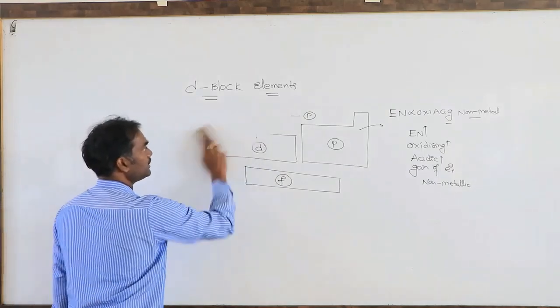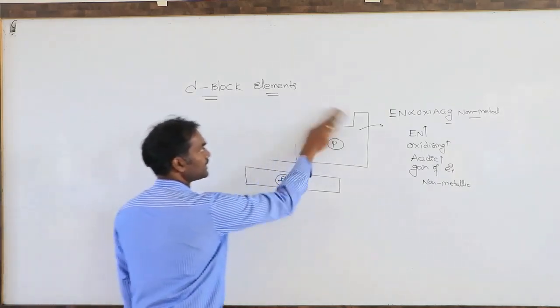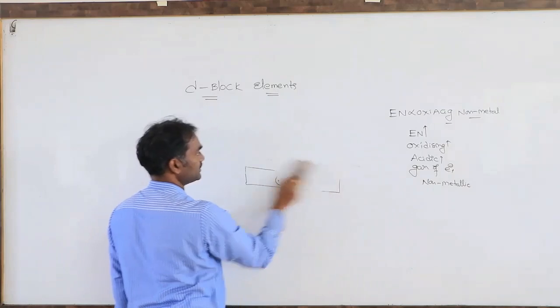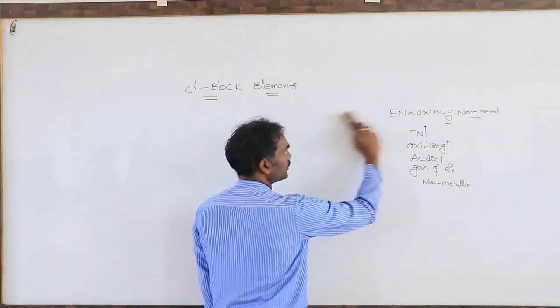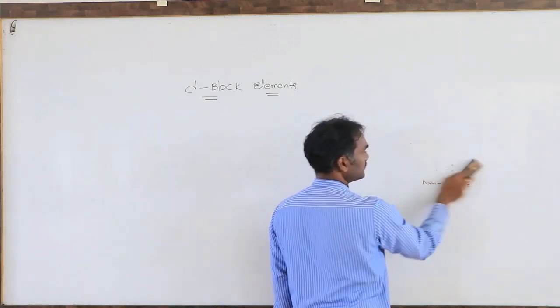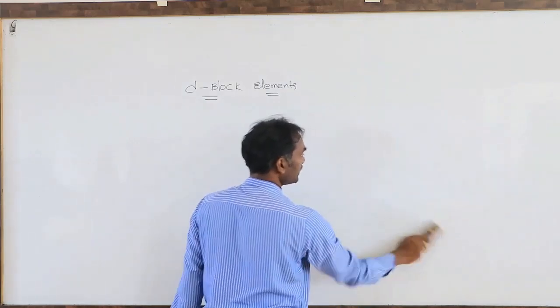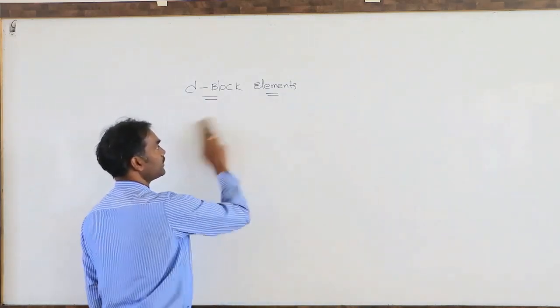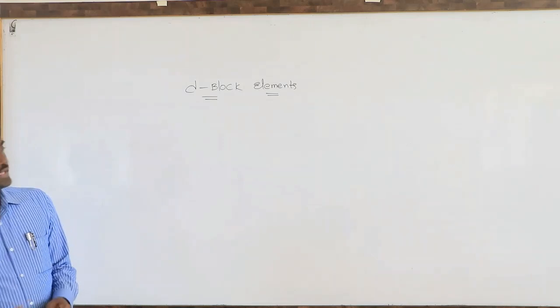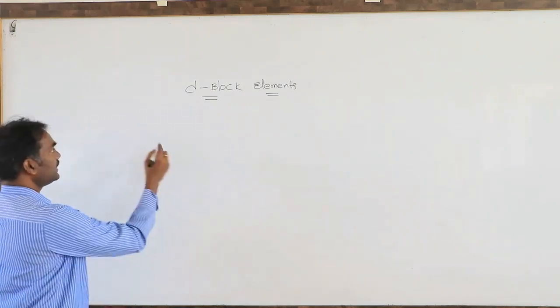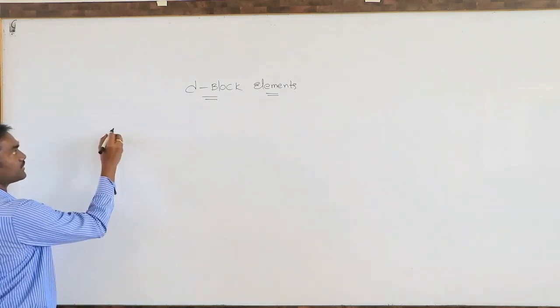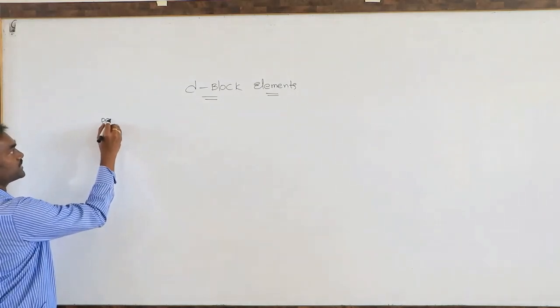Next, some important points we will see. Before going to D, you must know all the elements of D block. Which group does it start from? Which period does it start from? That is important right now. The D block elements start from the fourth period.